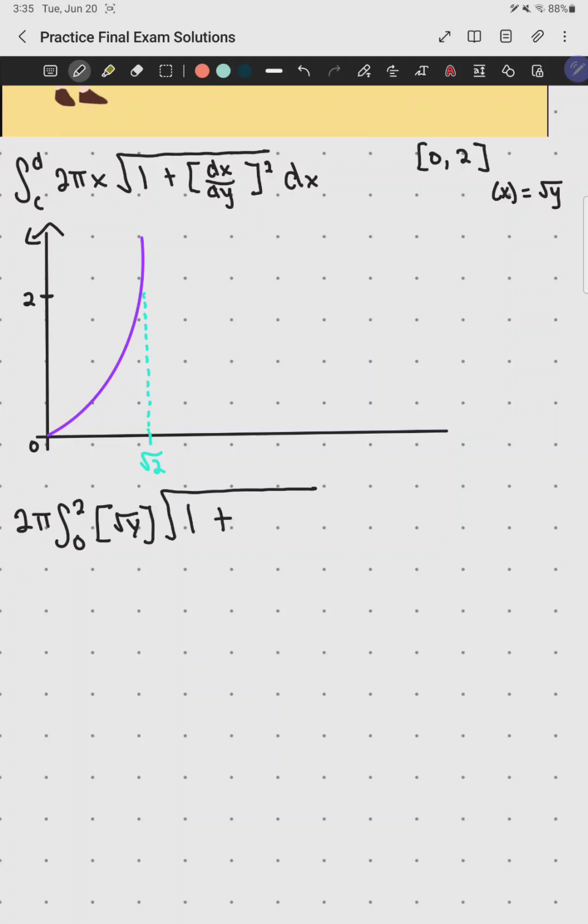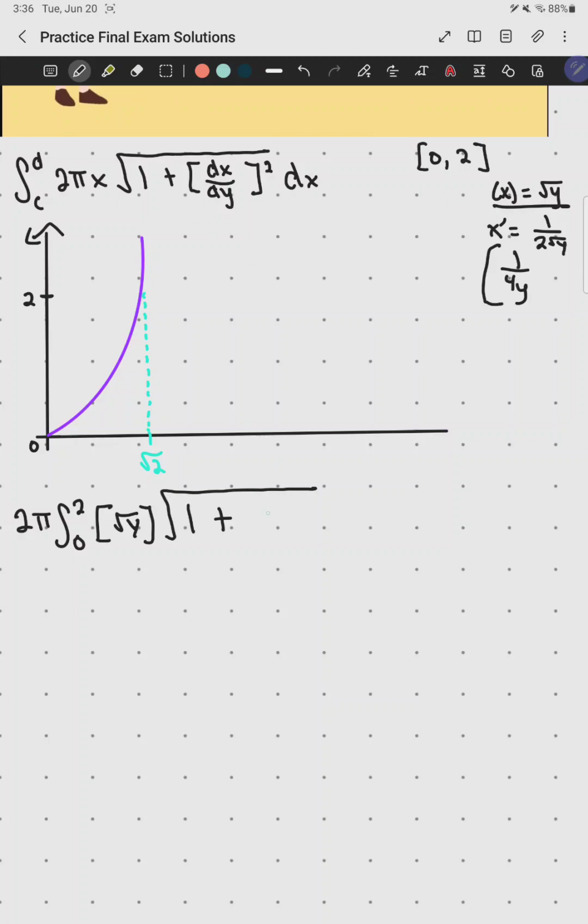1 plus, so we need our square root of, I'm going to take the derivative of this function here, 1 over 2 root y. If we square that, we have 1 over 4y, which is what we're going to put right here.